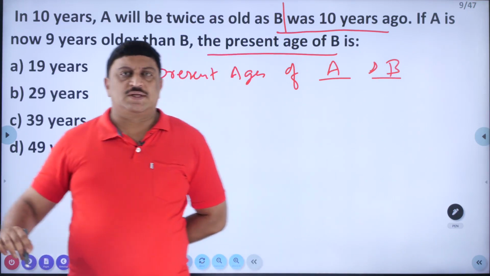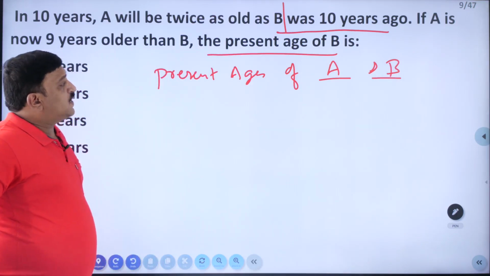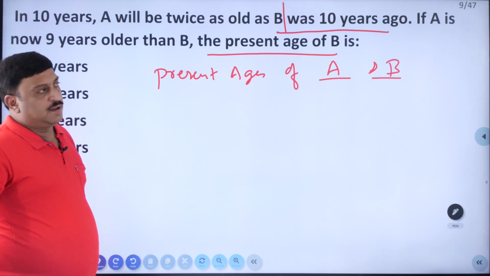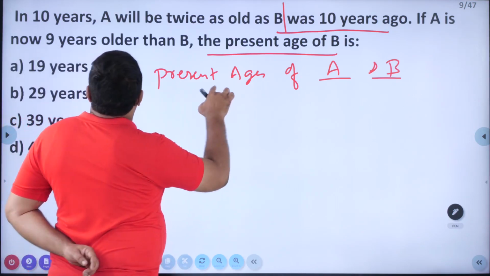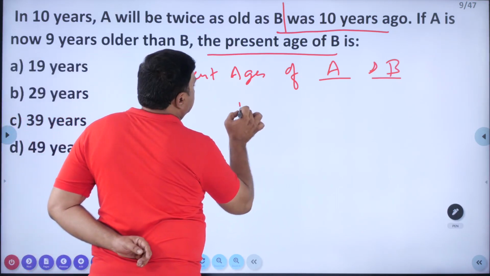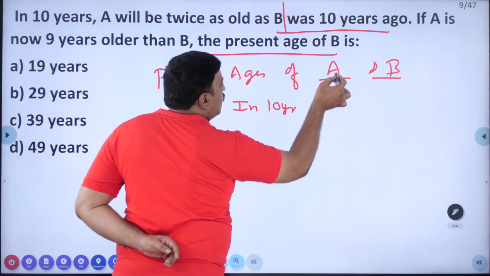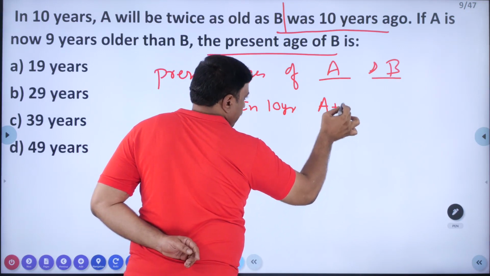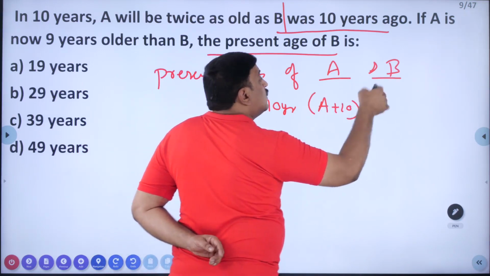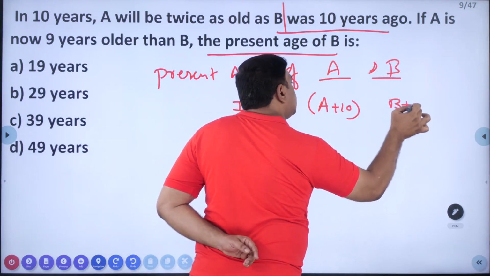Present ages are just A and B. Then in 10 years, how they will be? A will be A plus 10. B will be how much? In 10 years, B will be also B plus 10.